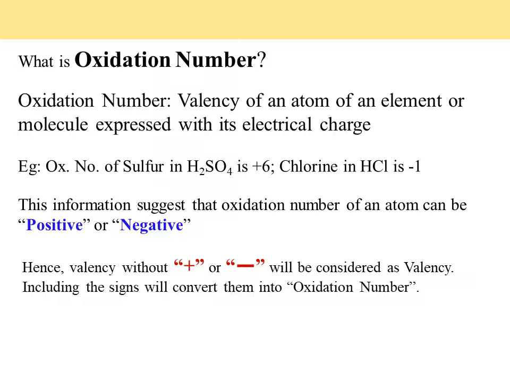If a particular element is written with only 3, or 4, we consider that as valency. Once a plus or minus sign is included, we consider that integer value as oxidation number.